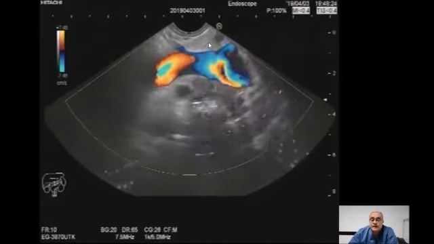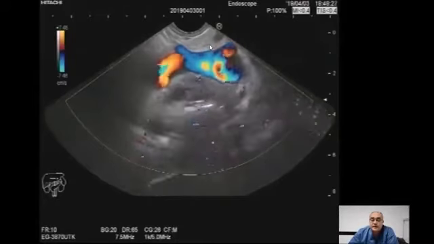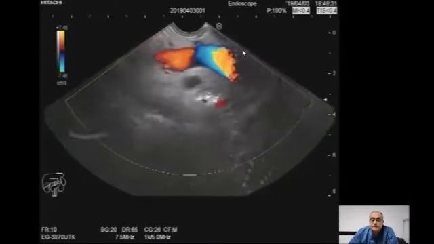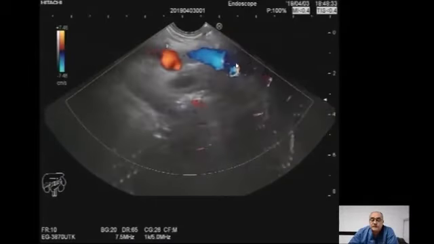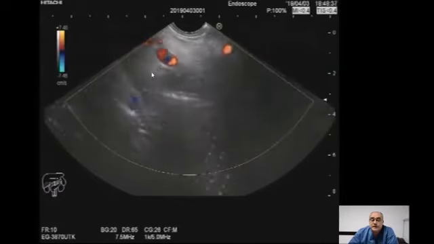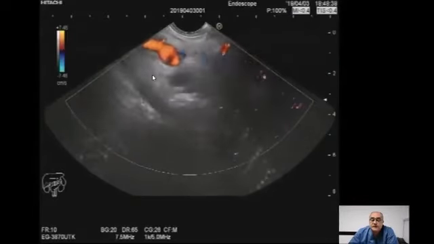This area is the neck of the pancreas. So this is the splenic vein, superior mesenteric vein, and the portal vein, and this is the neck of the pancreas, and this part is the head of the pancreas.